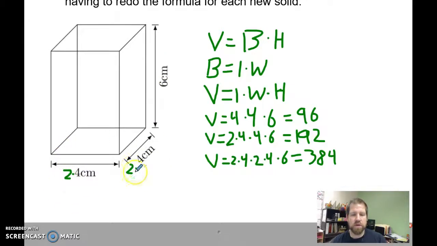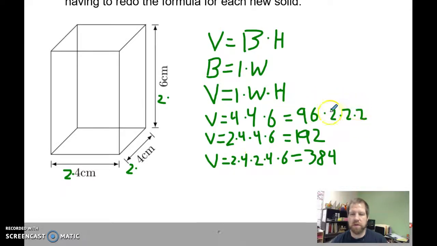That makes sense because 2 times 2 is 4, and I'm multiplying all these together. So if doubling 2 of my sides makes my volume 4 times as big, what if I double all 3 sides? How much bigger should it be? Well, it should be my original, 4 times 4 times 6, times 2 times 2 times 2, because that's basically what I would be doing, just adding these 2's in there.